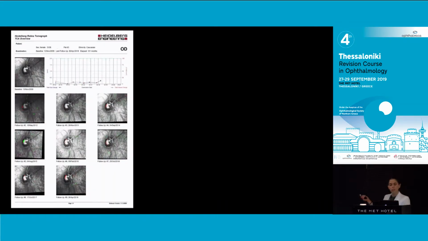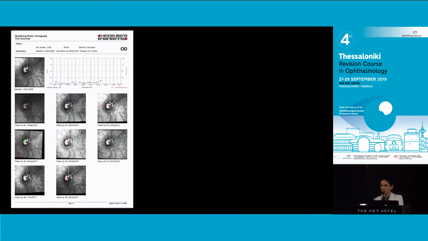And this is her imaging. So this disc is not really getting that much worse. There is an area here highlighted as worse, so there may be a little bit of progression. Her graph is relatively flat with a small change there. I would not call this HRT progression, though. I wouldn't really be concerned about this OCT.